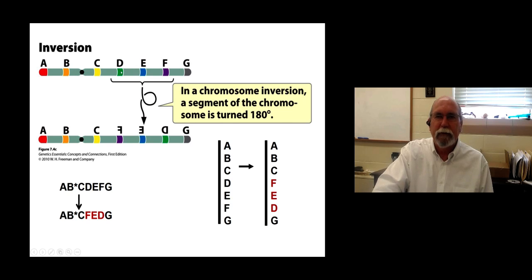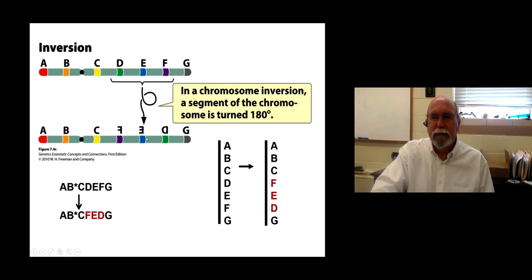Well, now if those are moved completely away, where C is now facing F, there's no way to adequately control D and E or any of the others. So you may end up with fairly significant problems if you have these types of inversions. They can range from basically undetectable except by karyotyping, all the way to lethality if you have them in the regular systems. So it just depends.